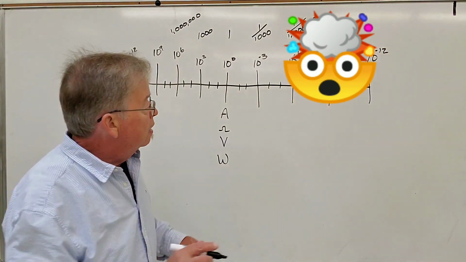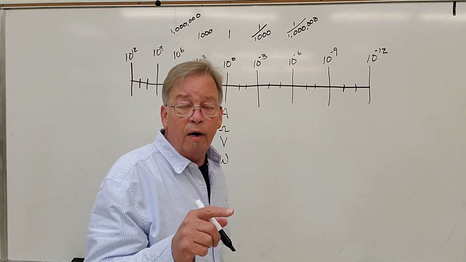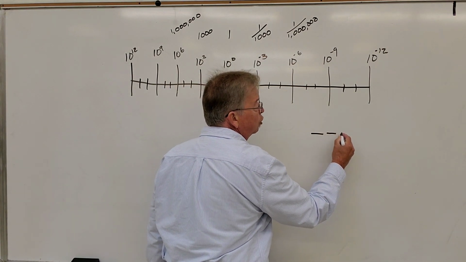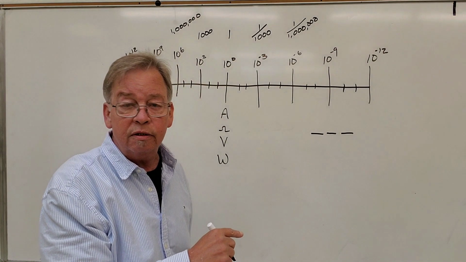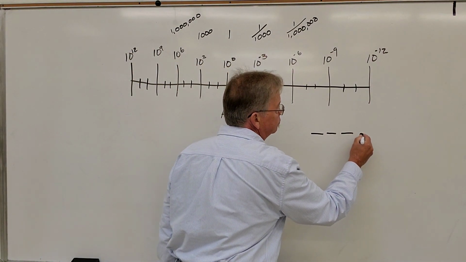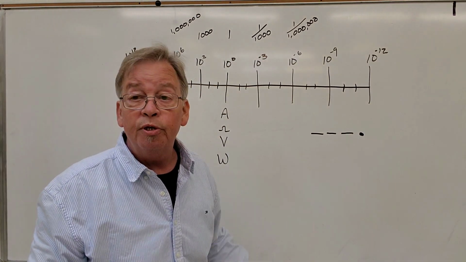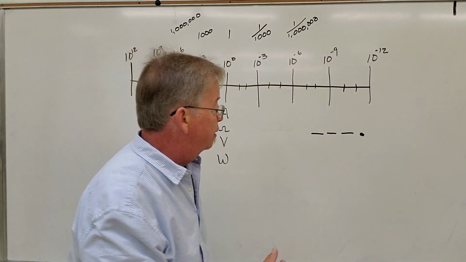Well, so the format for engineering notation is I can have up to 3 digits to the left of the decimal point. Still got to have at least one, but up to 3 digits to the left of the decimal point.